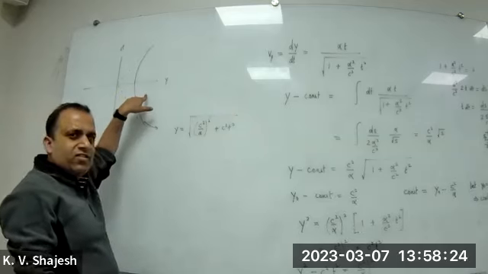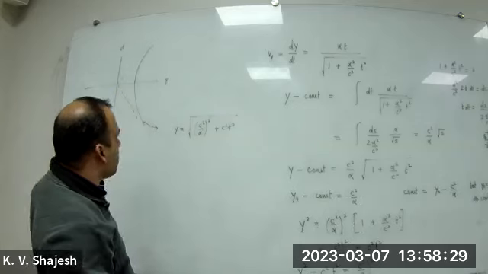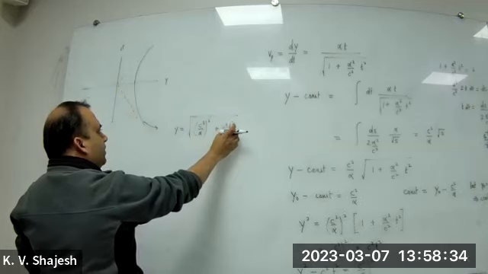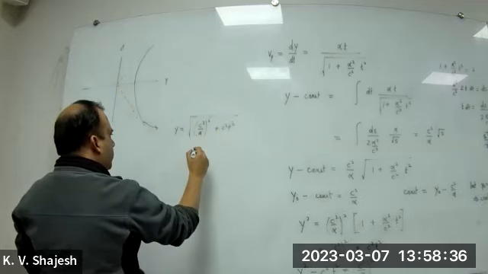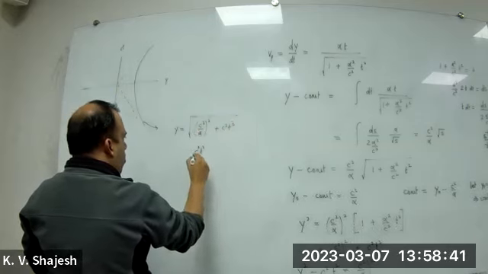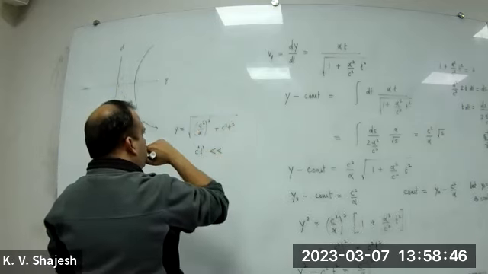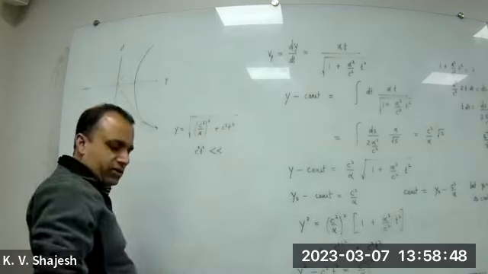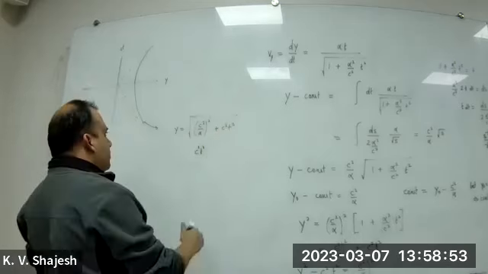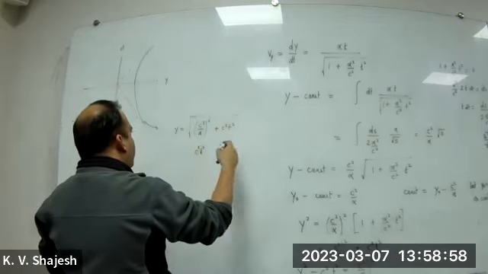We know that this is a parabola in Newtonian physics. How does that come about? Let's consider the situation where the time is very small compared to this.